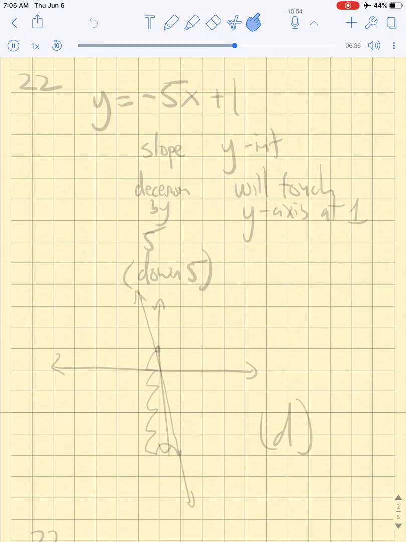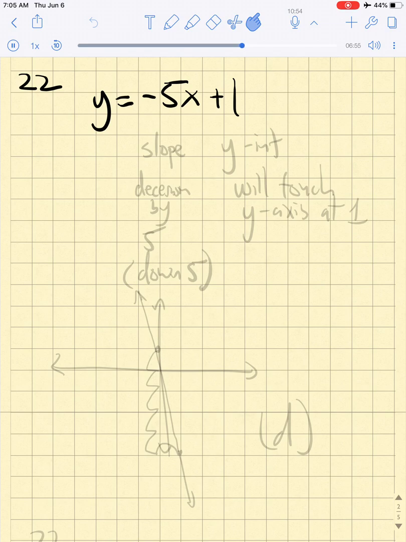Okay, let's move on. 22. Graph. All right, the whole test is multiple choice, but you do have to know how to graph.